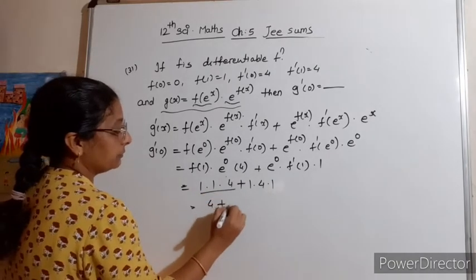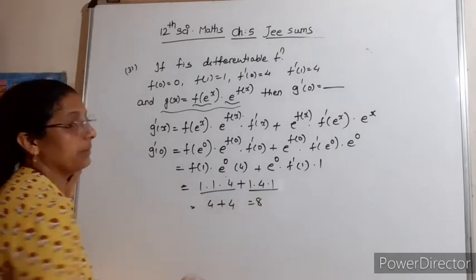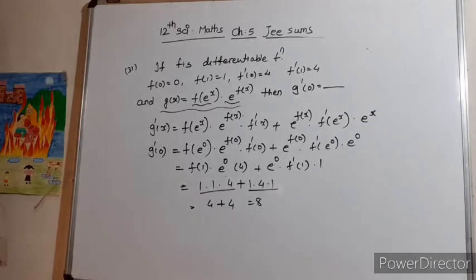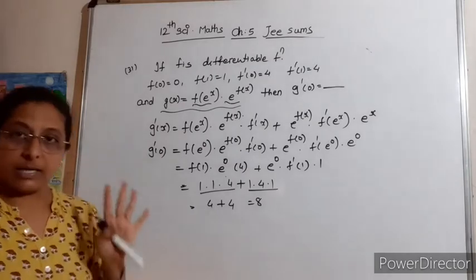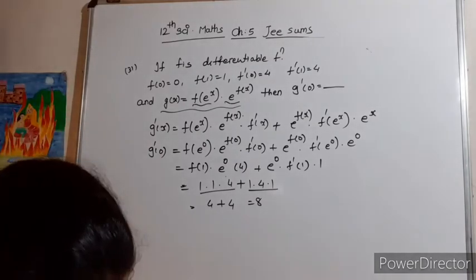That is 4 plus 4 becomes 8. So our answer is 8. It is very easy. Just be careful and do it slowly.